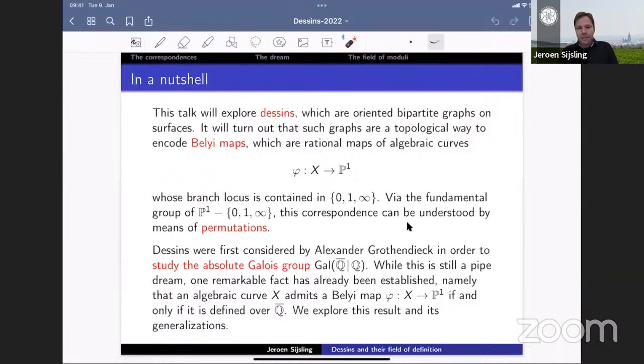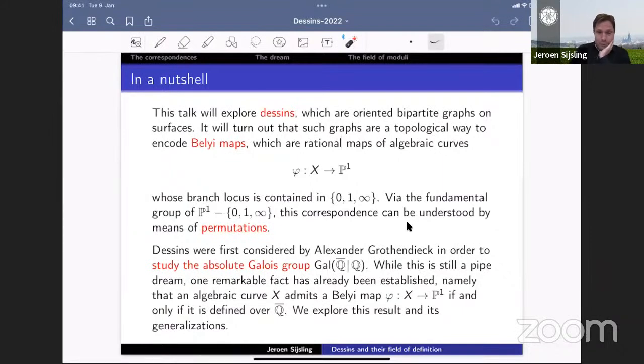And he hoped that new results could be obtained by studying the action of this group on Dessins. This is still a pipe dream in the sense that this problem hasn't advanced as far as one would like, perhaps, but that is not a problem. That means that there is still much interesting mathematics to do, and it has already found many applications that I will tell you.